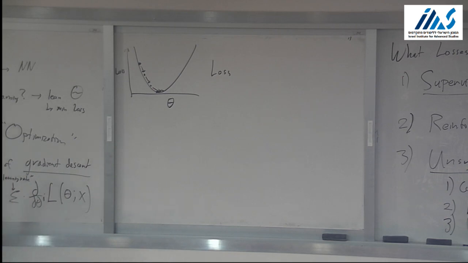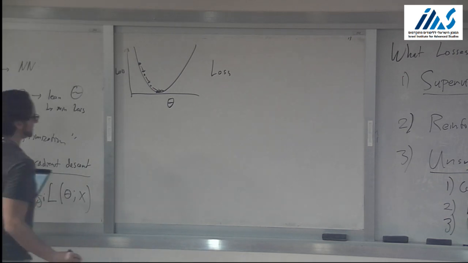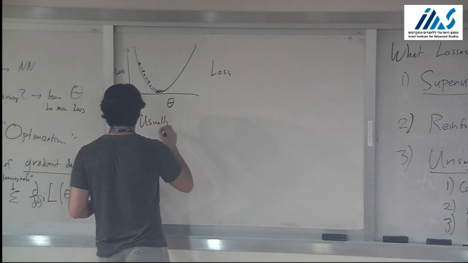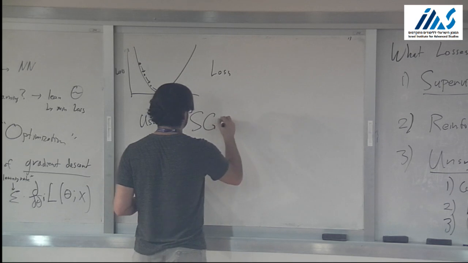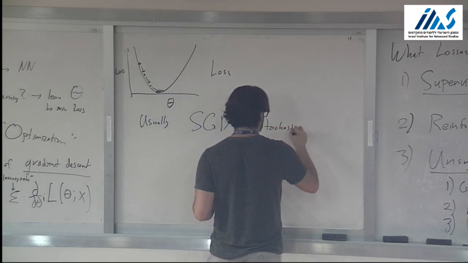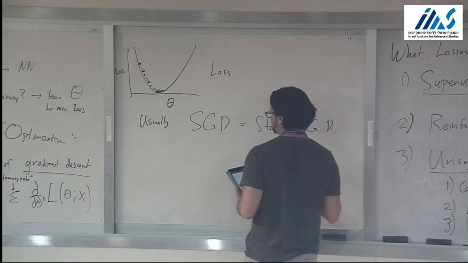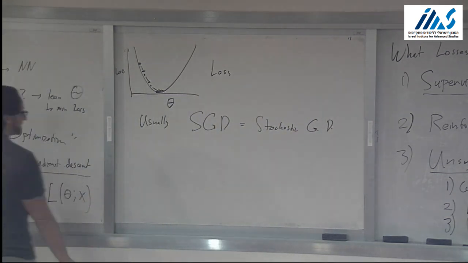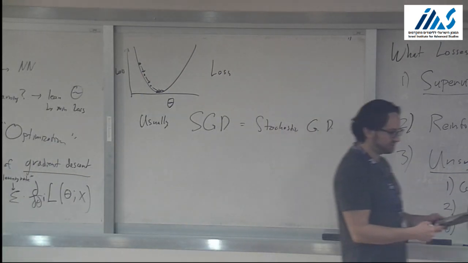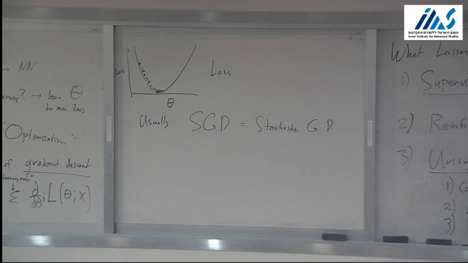Before I say more about it, one thing I want to mention is that usually the term you'll hear for this is SGD, which is stochastic gradient descent. You know what gradient descent is, it's just this. Why is it stochastic? Well, you have some data set which, say, contains 1 million images.